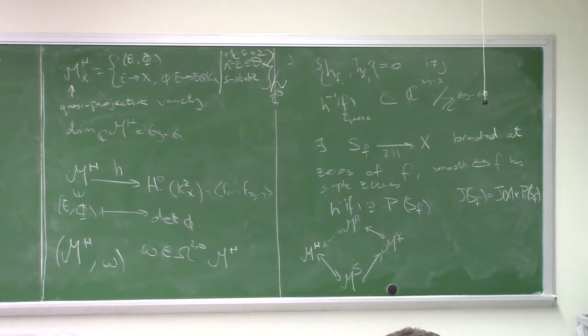And the uniformization theorem tells us that any hyperbolic Riemann surface is a quotient of H by a discrete subgroup of SL2R.